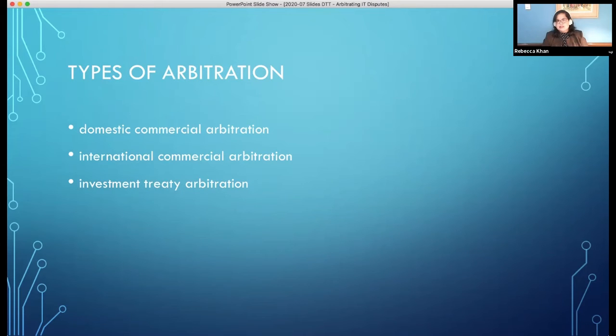Domestic commercial arbitration means that the parties are from the same country, so in the Philippines, they're both from the Philippines, their place of business is in the Philippines, and the arbitration is going to be conducted in the Philippines. I bring your attention again to Section 59 of the Government Procurement Reform Act, which specifies that disputes shall be submitted to arbitration in the Philippines.